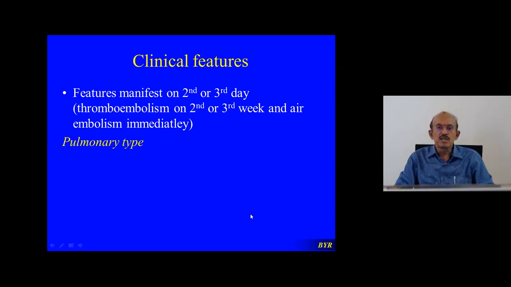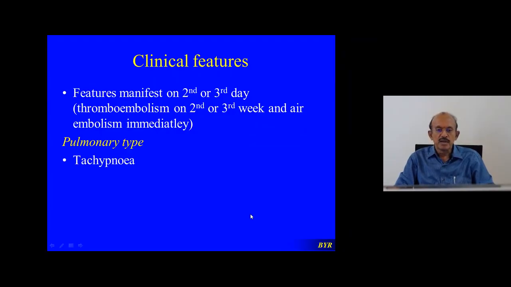So fat embolism features will manifest only on the second or third day after the injury. Air embolism manifests immediately after the injury. Thromboembolism manifests in the second or third week after the injury.